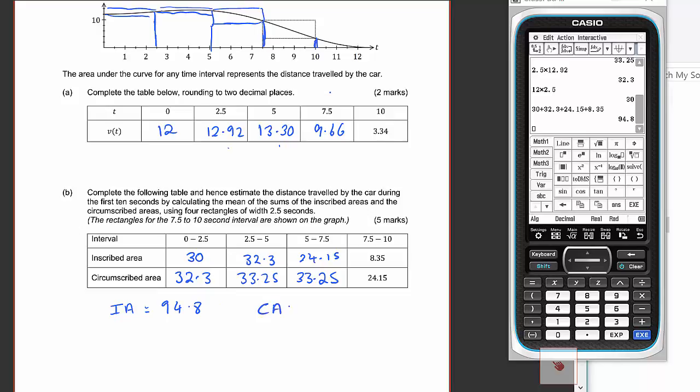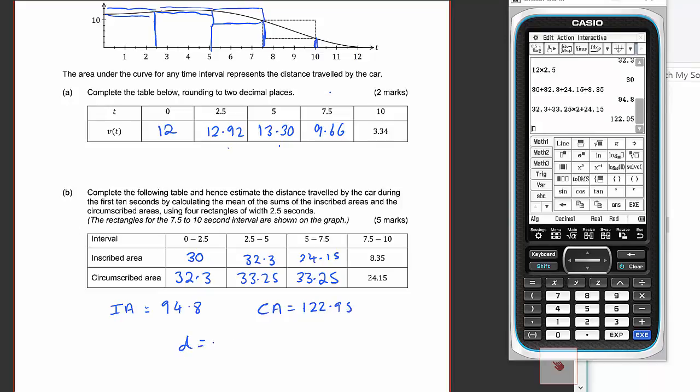The circumscribed area is going to be 32.3 plus 33.25, and there's two of those, and 24.15. So that gives us 122.95.